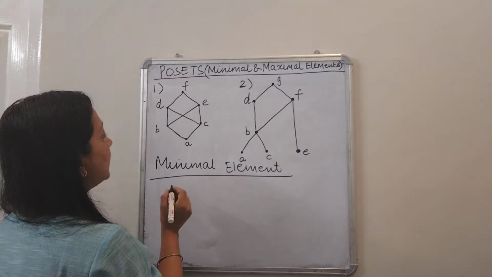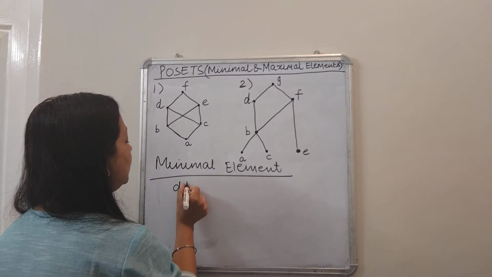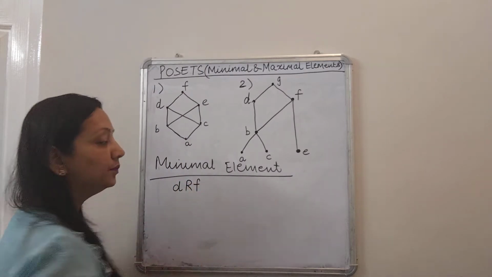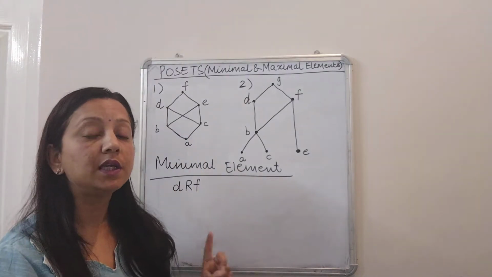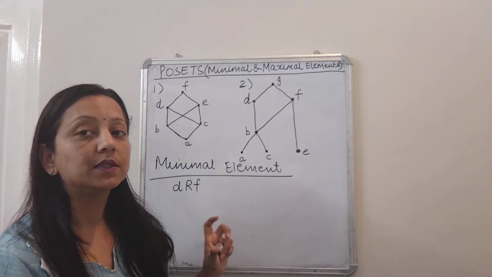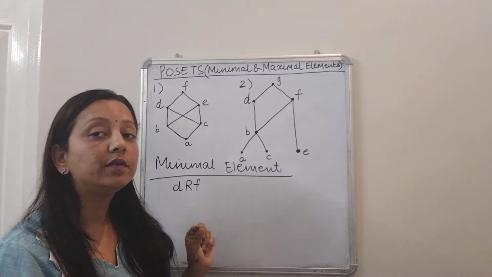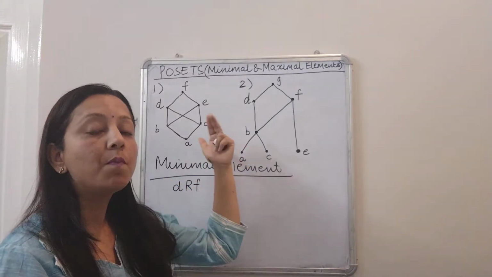If I look at F, I can say that D is related to F. Now we do not have any directed arrows here, still we know the direction in which the ordered pairs exist, because I told you that in a relation the order is always from top to bottom.